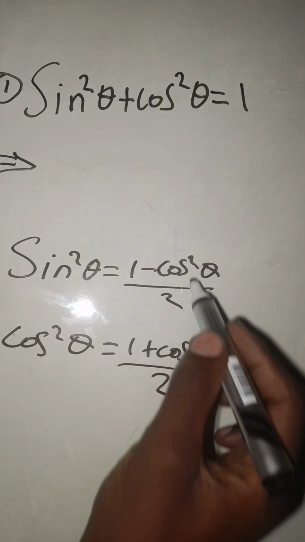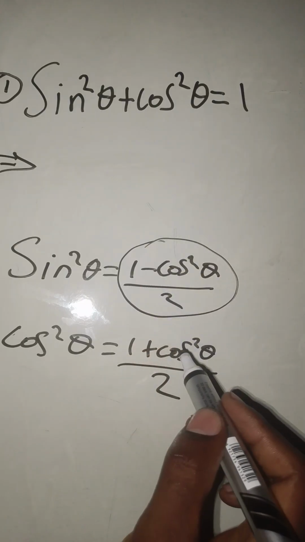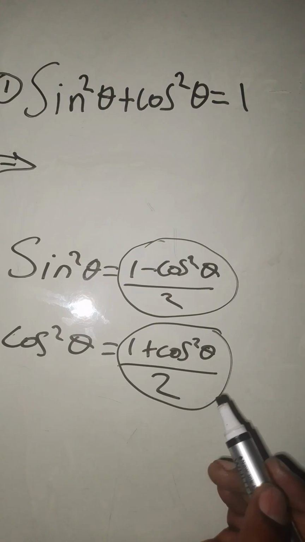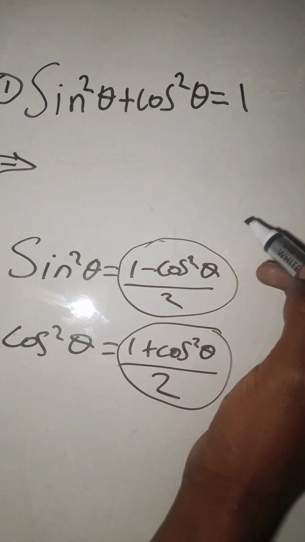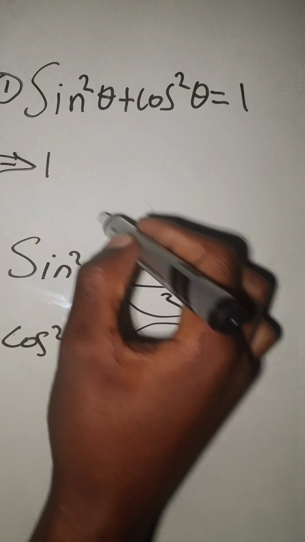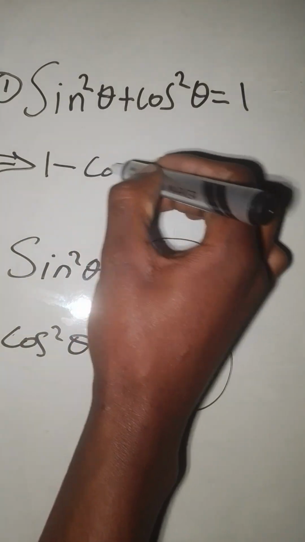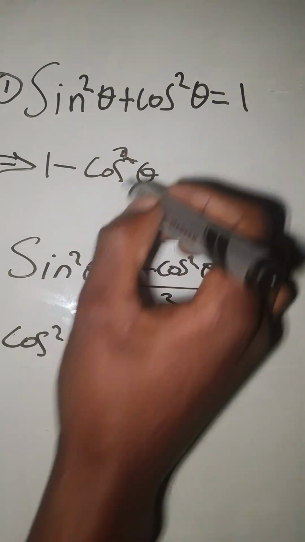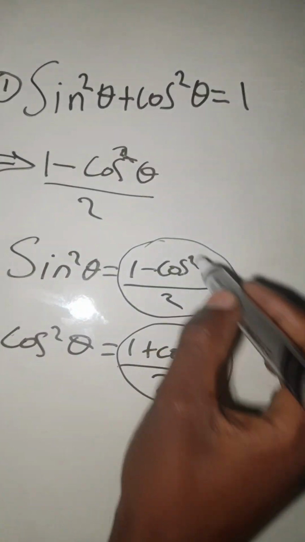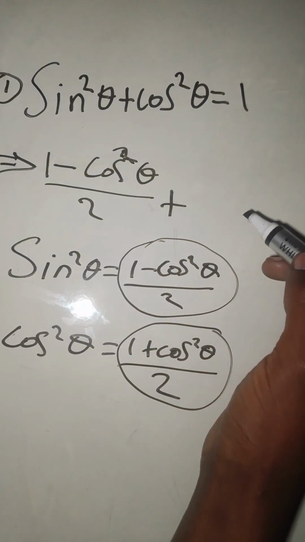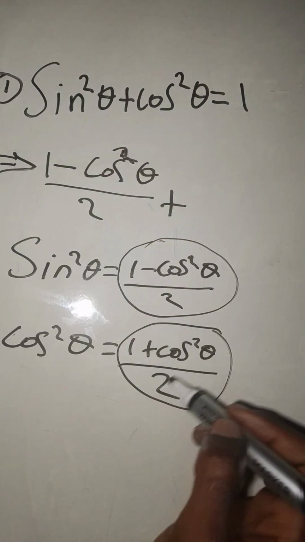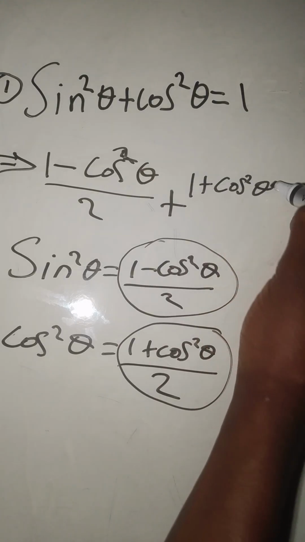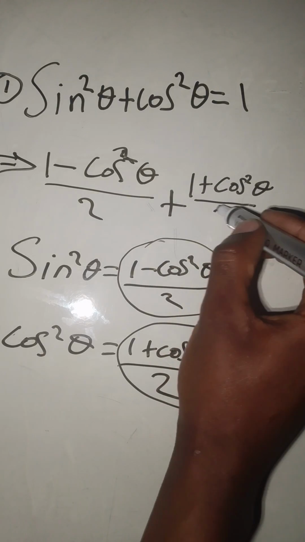Where there is sine squared, we're going to put this one, and where there is cosine squared, we're going to put this one here. So now our expression will be: where there is sine squared, we put this one, (1 minus cos 2 theta) over 2, plus, where there is cosine squared, we put this one, (1 plus cos 2 theta) over 2.